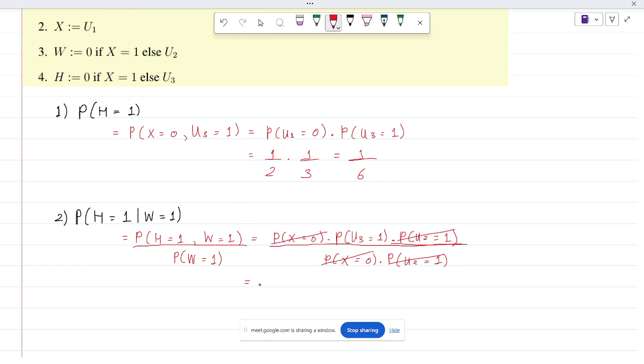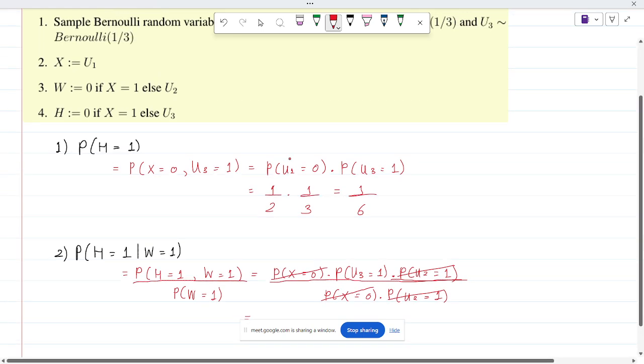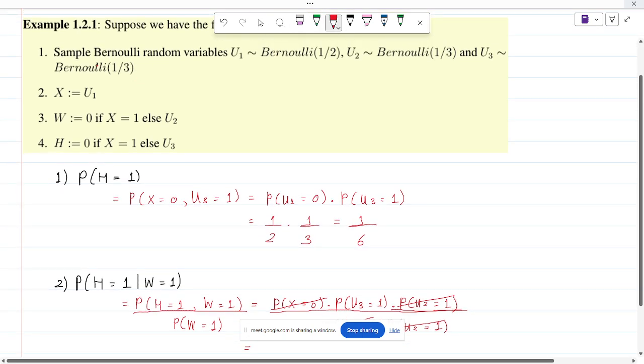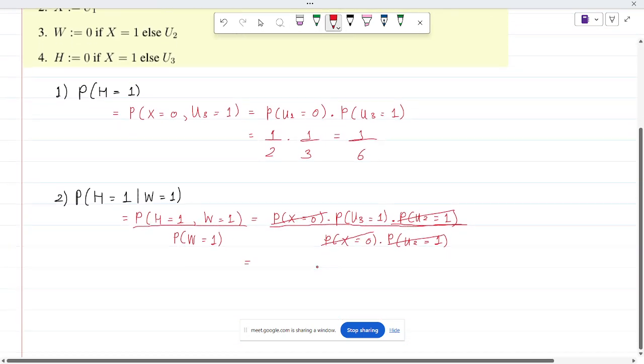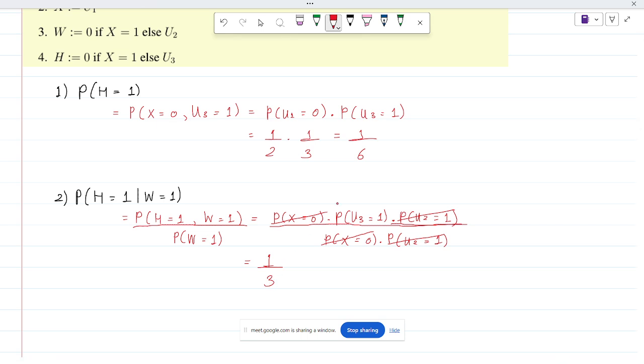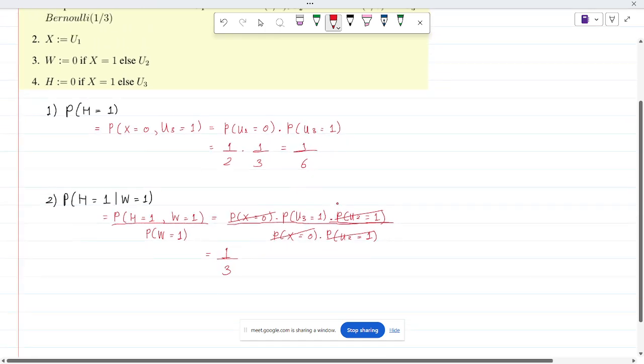And that is how that cancels out. So you're only left with the probability of U3 being equal to 1. And we know that U3 is equal to 1 with a probability of 1 over 3. And approximately 33.3% is the answer that we obtained for that data generating algorithm as well.